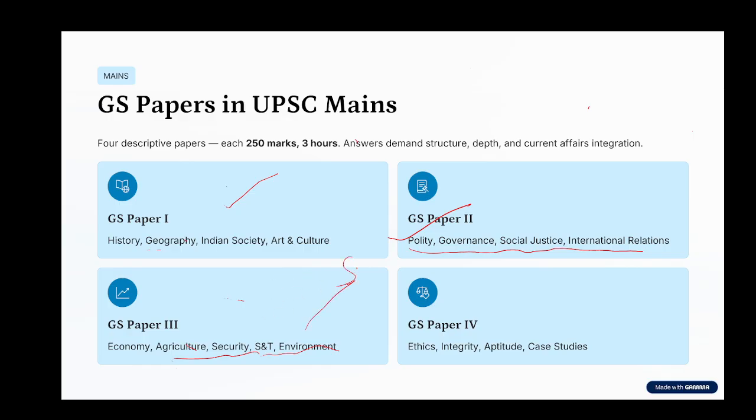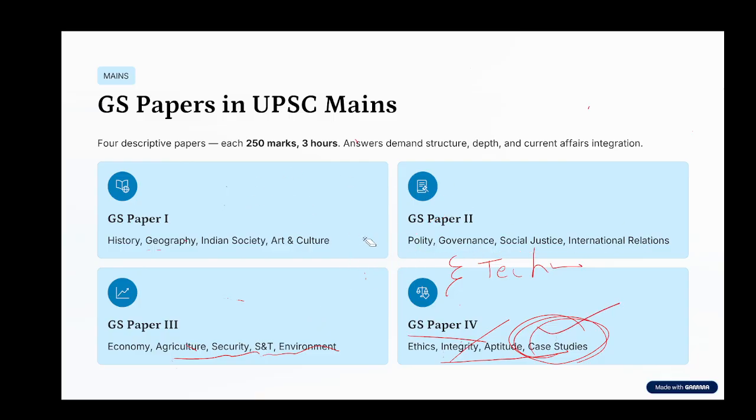S&T means science and technology. Whereas in GS paper 4 we have ethics, integrity, aptitude and case studies. These are very important. These are the subjects in the papers. Now we will move further.